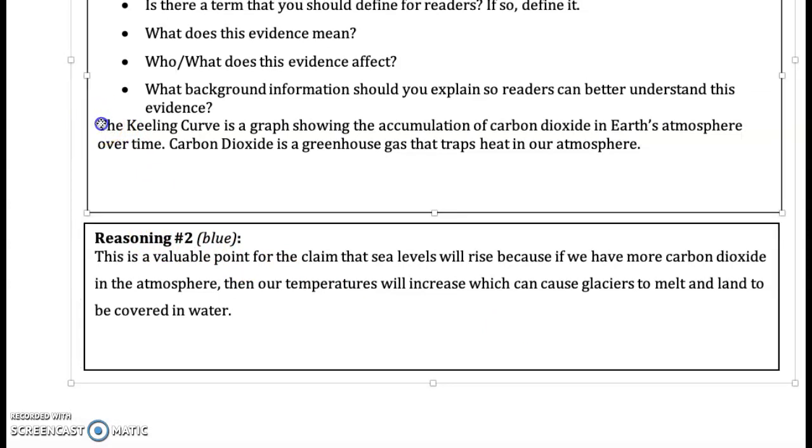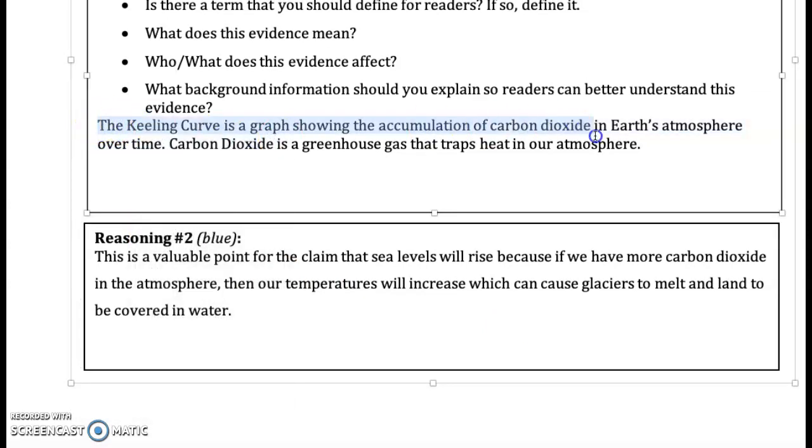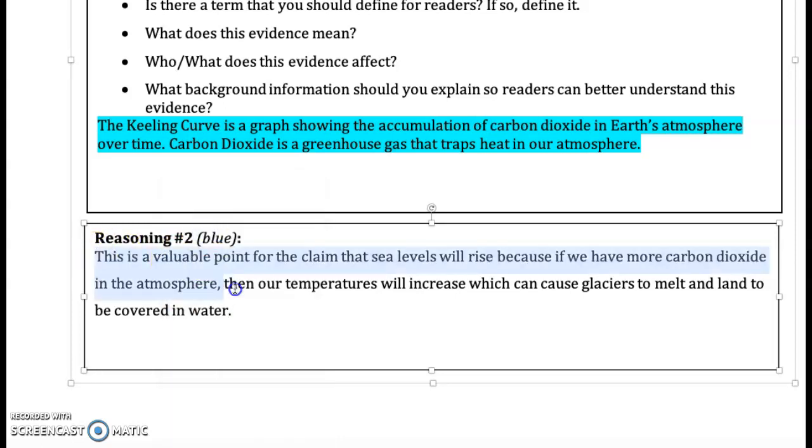So I am going to highlight this blue. And then I'm also going to highlight our second piece of evidence blue.